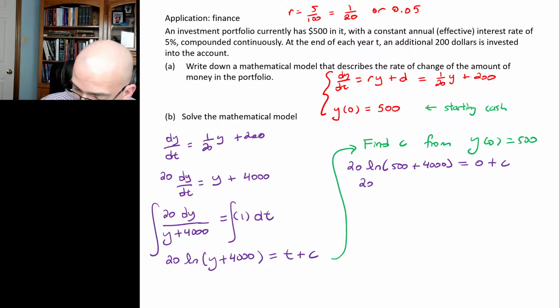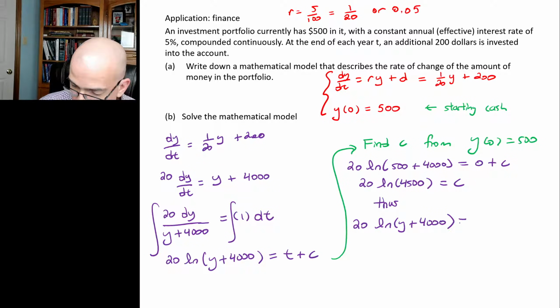So 20 ln 4,500 is equal to c. Thus, 20 times the ln of y plus 4,000 is equal to t plus 20 times the ln of 4,500.